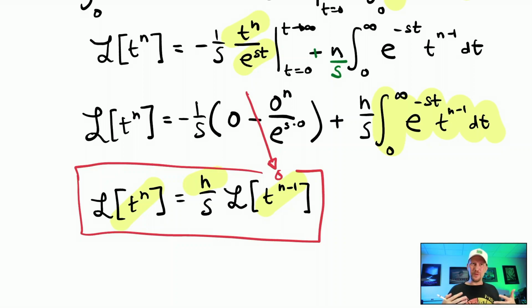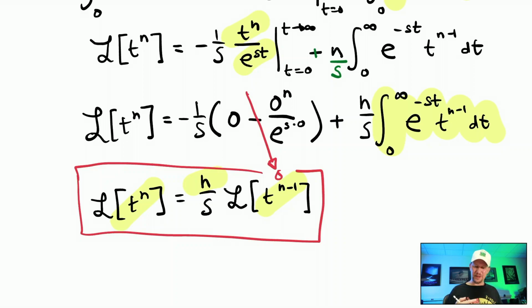Now, if I wanted to find the Laplace transform of t squared, I could use the definition or this relationship to find it in terms of the Laplace transform of t, right? So for t squared, I need to know the Laplace transform of t.